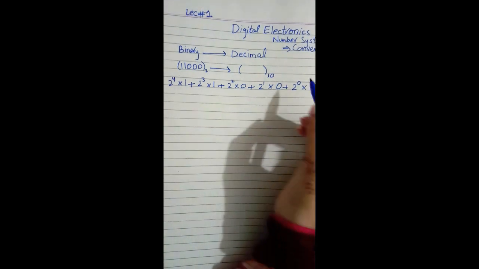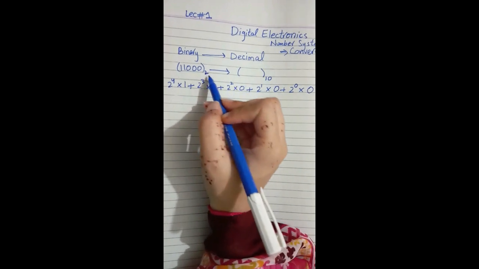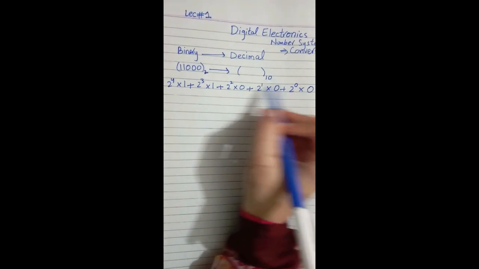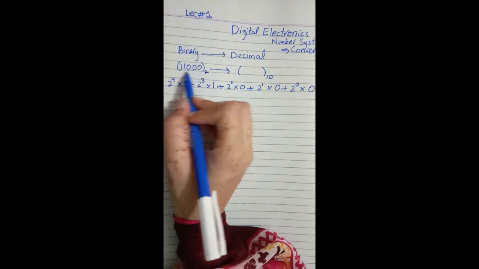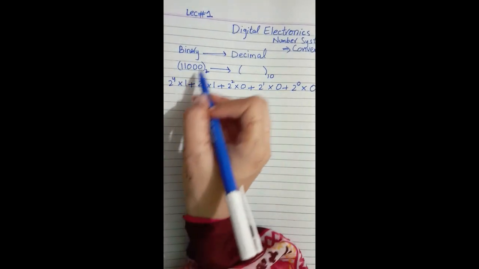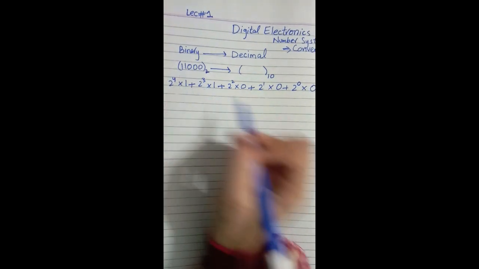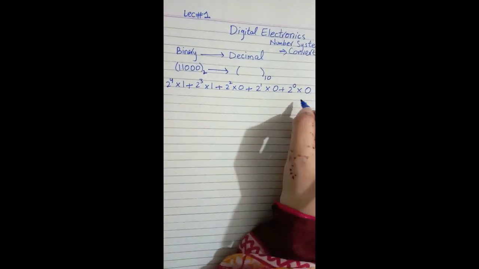Basically, we will multiply by 2, as we are going from 2 to 10. So we are giving the powers to 2 from 0, 1, 2, 3, 4, the total numbers, like this. And we multiply these powers with the digits we have in the binary number system.